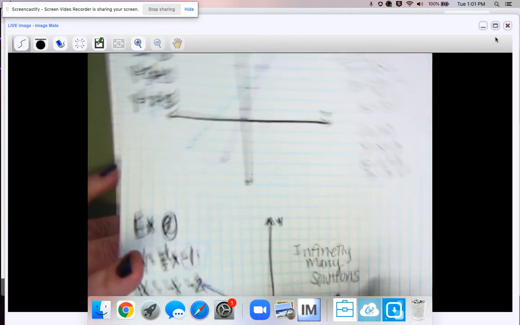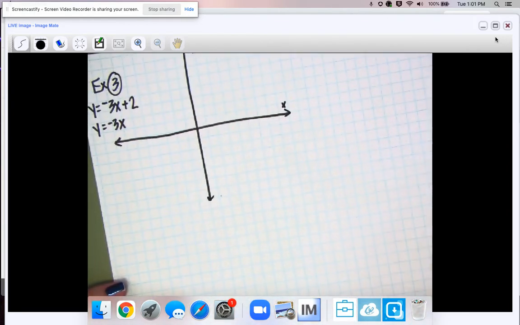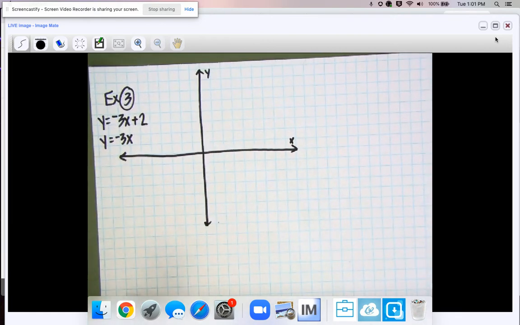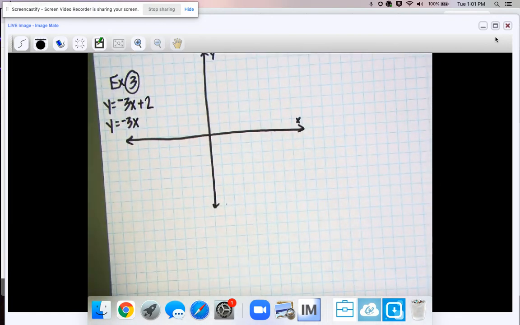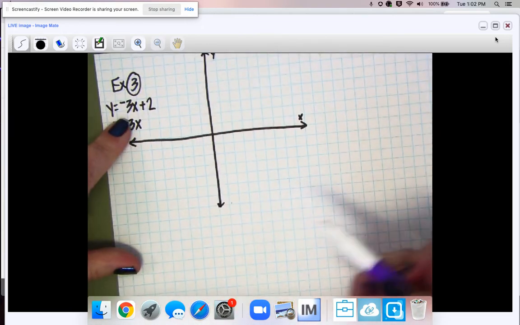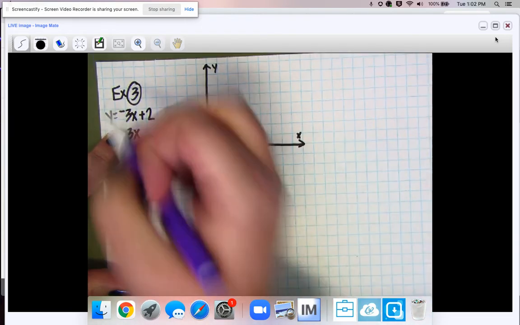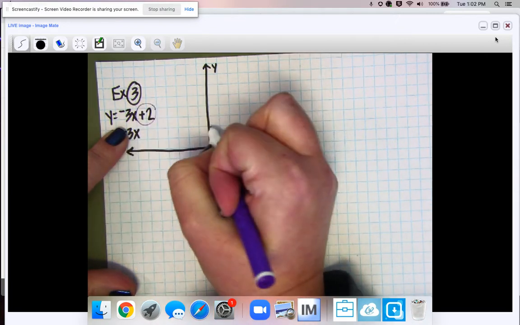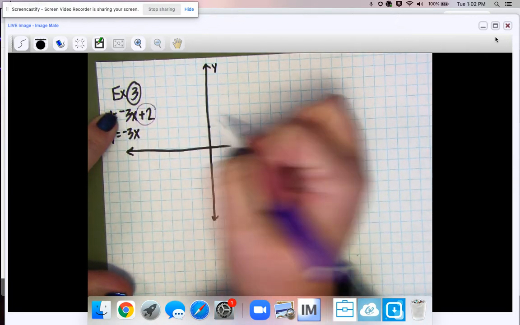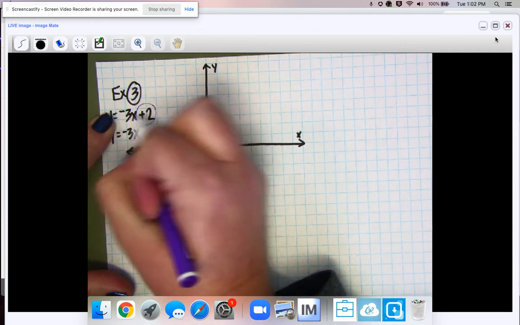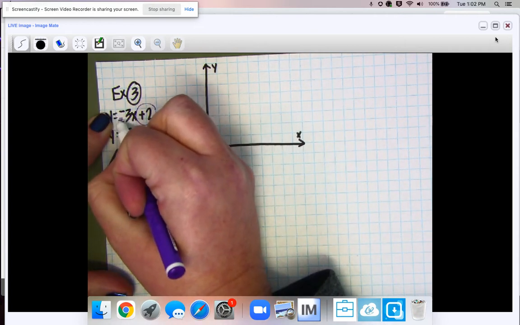All right, so let's do one final one. In this final set of equations, we have y equals -3x plus 2. So my y-intercept is +2. This is negative, so again, it's going to decrease, and that slope is -3/1.